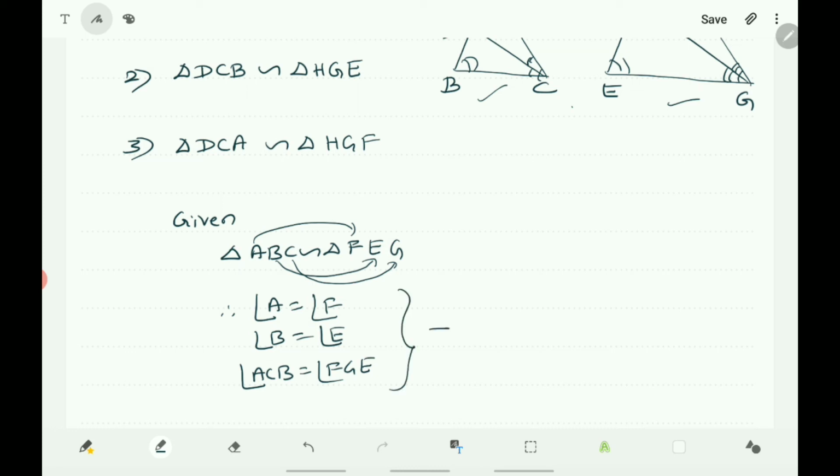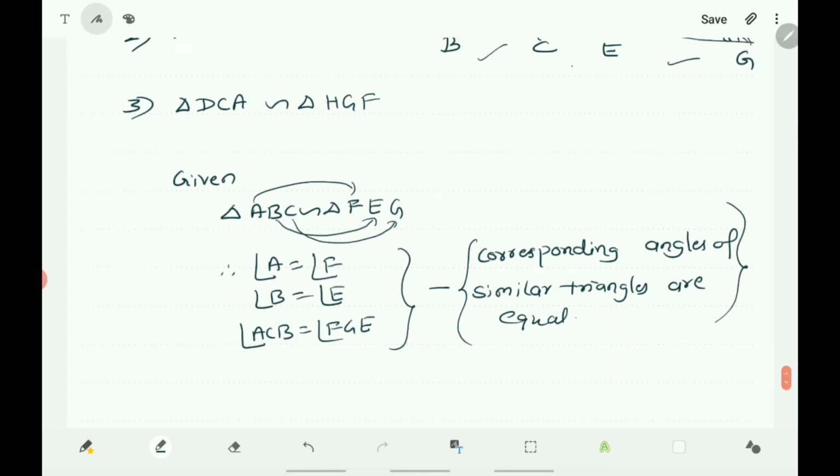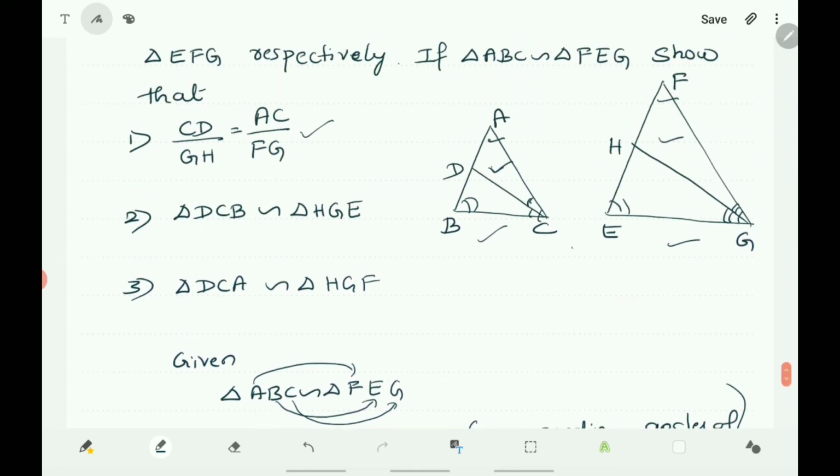The reason is: corresponding angles of similar triangles are equal. Next, by using this, you take the triangles ACD or DCA, and the triangle HGF or FGH.